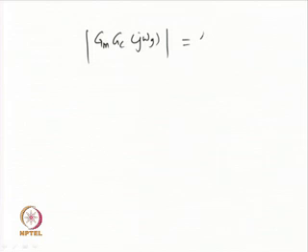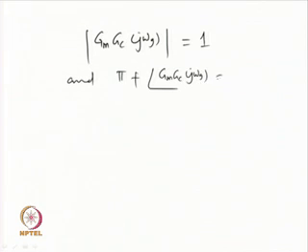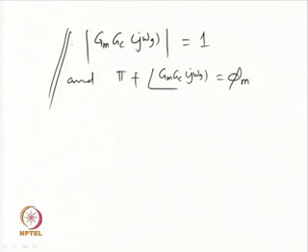So, by definition, the magnitude of Gm Gc(j omega g) is equal to 1, and pi plus the angle of Gm Gc(j omega g) is equal to phi m. Okay? So, this is how, based on the gain margin criterion, when omega g becomes the gain crossover frequency, we have the two equations related to the phase margin of a system.